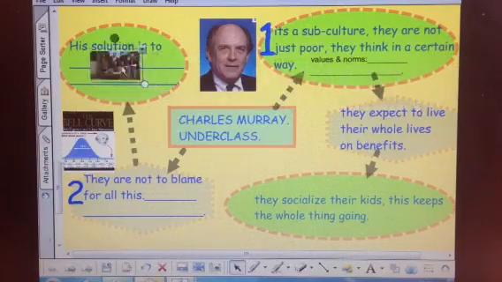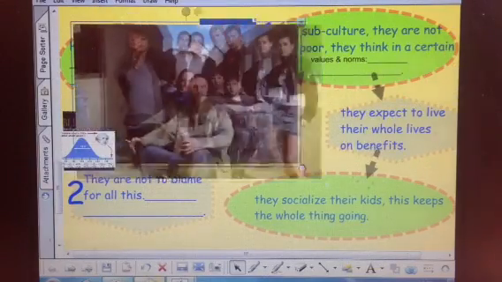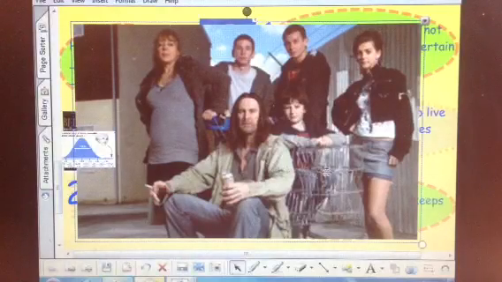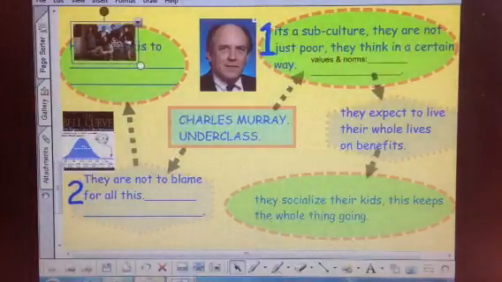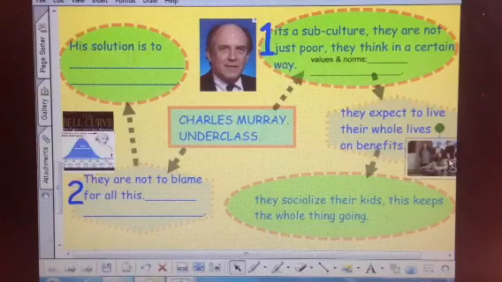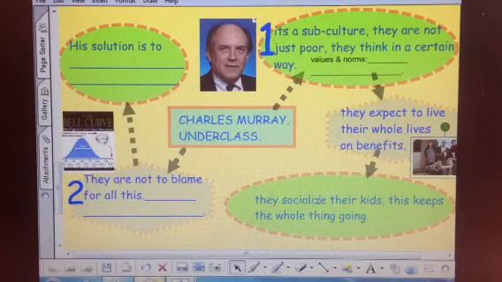Murray's idea is, if you're born into this family, if all you see around you your whole life are people not working, claiming benefits, you will think that is normal. So that is Charles Murray's idea, and that's his problem with the underclass.